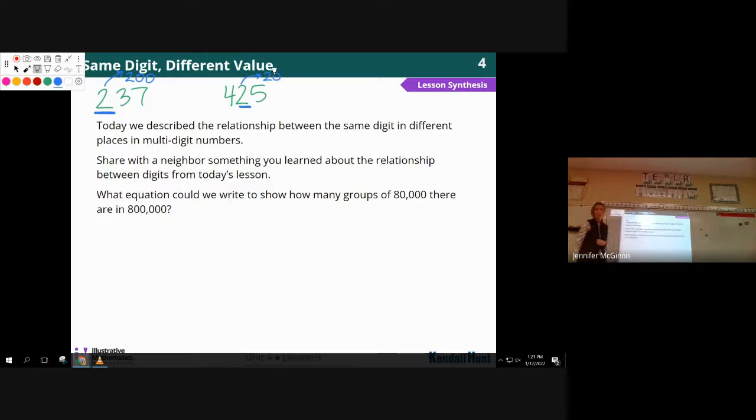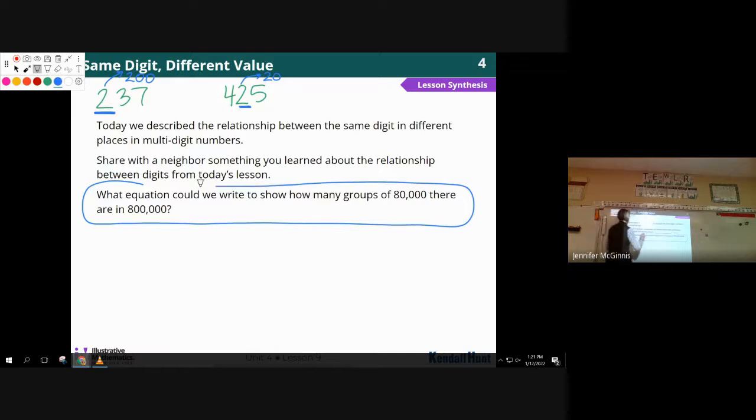That's what we're going to be talking about when we fill out this chart. If you're watching the recording, I want you to think and ponder as we wrap up this lesson: what equation could we write to show how many groups of 80,000 there are in 800,000?